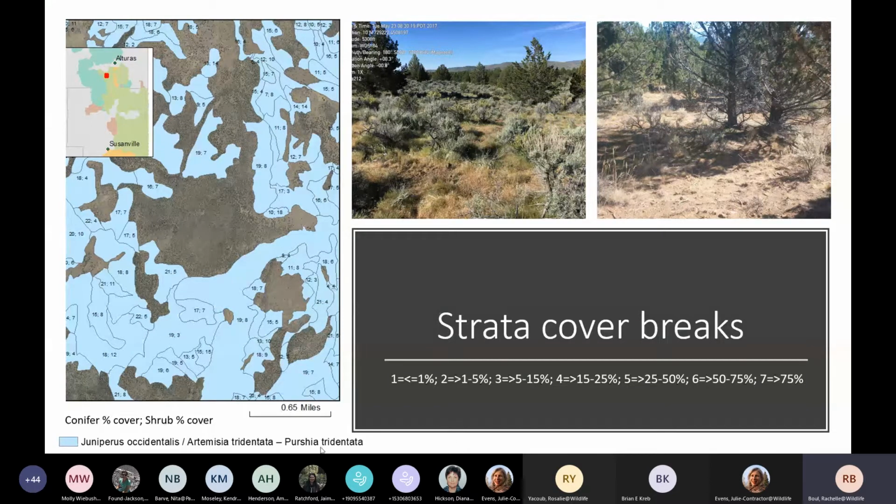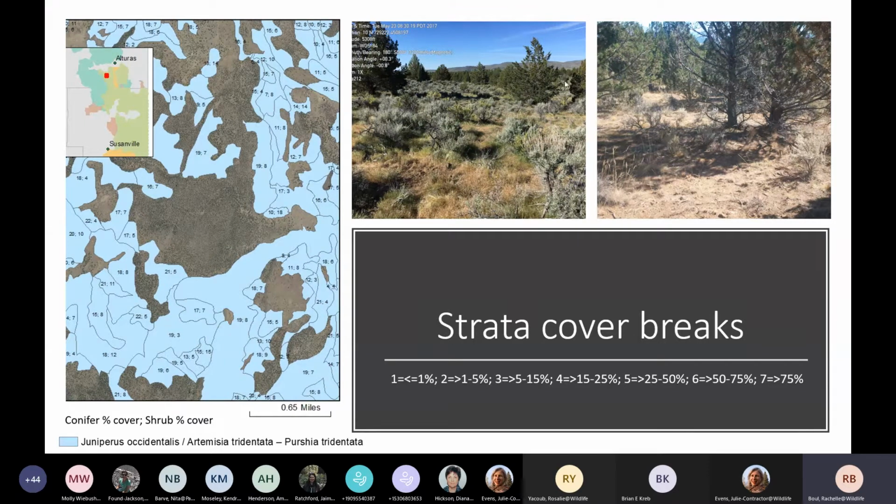So it's the Western juniper, big sagebrush, antelope bitterbrush association. You can see that these are all the same association, and you can see that there's polygons that are right adjacent to each other. So rather than being divided by vegetation type, these are being divided by conifer or shrub cover.